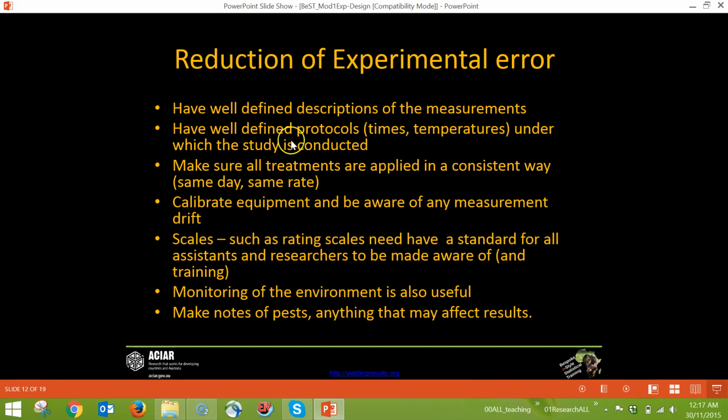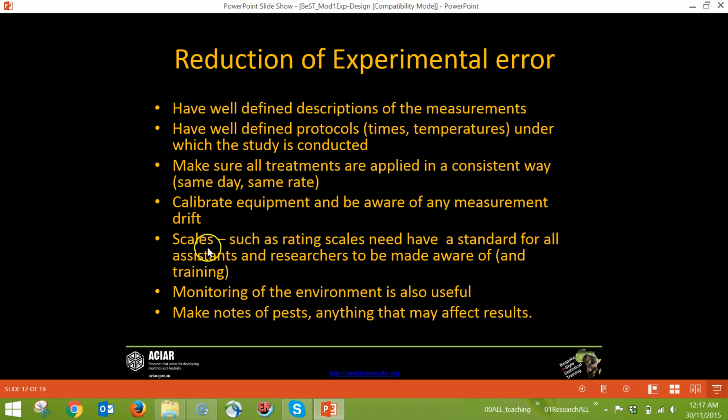Reduction of experimental error. If we have well-defined descriptions of our measurements, and if we have well-defined protocols such as time and temperature under which our study is conducted, and we make sure all our treatments are applied in a consistent way, using the same time and the same rate, we want to calibrate our equipment and be aware of any measurement drift.